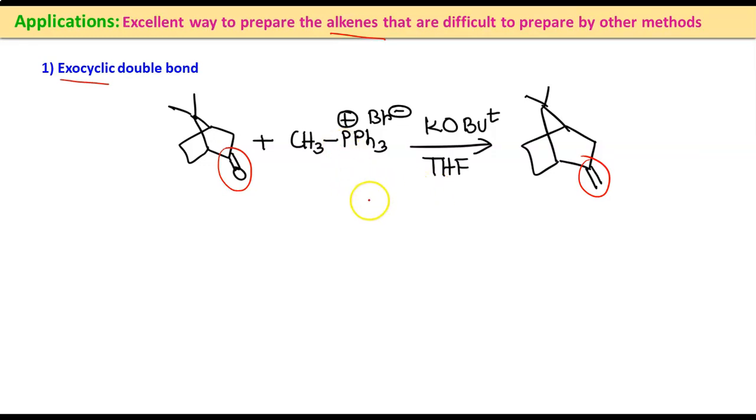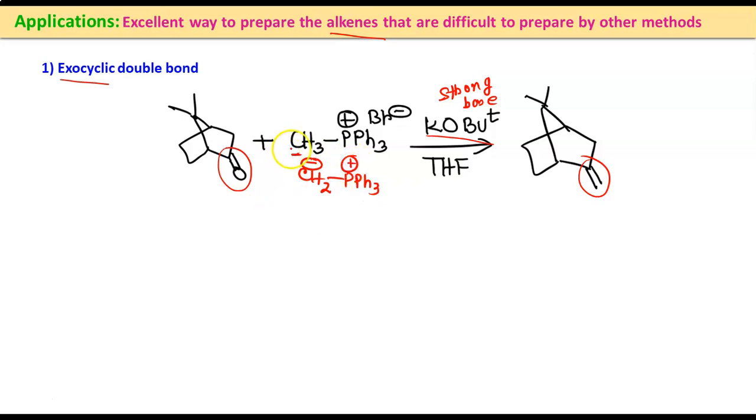Here the phosphorus halide that we have taken is CH3 P+ PH3, and potassium tertiary butoxide, which is a very strong base. In presence of this strong base, there will be carbanion generation at this carbon by removal of one of the hydrogens, and ultimately the ylide that we will get is CH2 minus PPh3 plus.